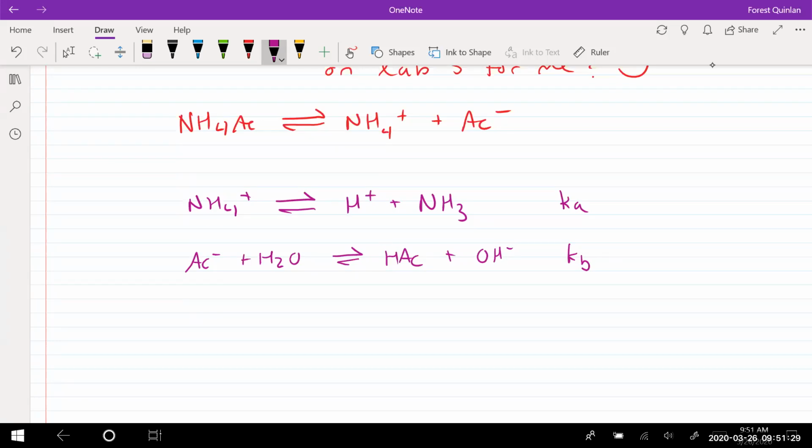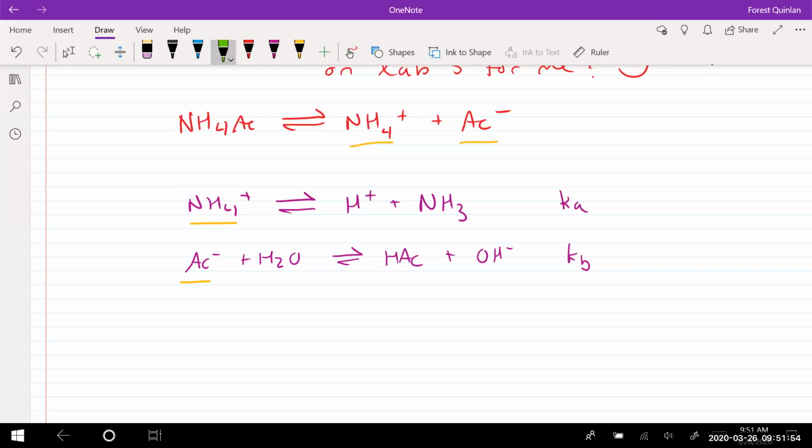So when we look at this, I want to switch these to match the overall reaction, because as we look at it here, it's not going to look like what we want. Let me point out that we have the NH4 and the AC matching up here.